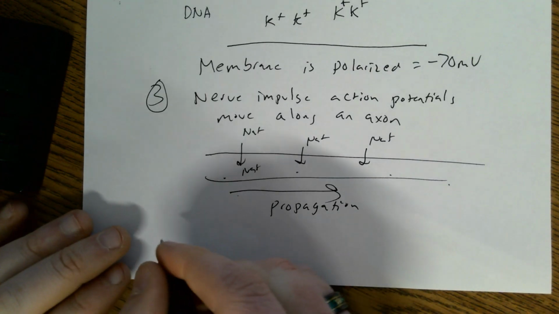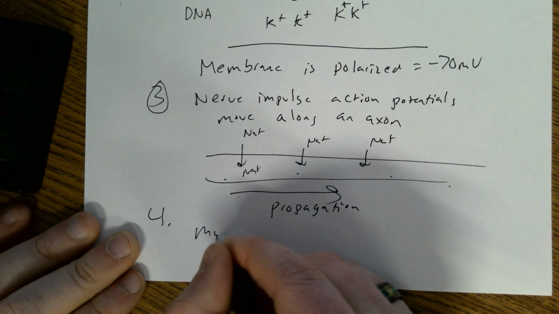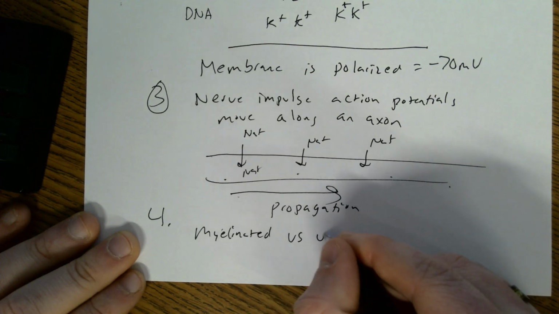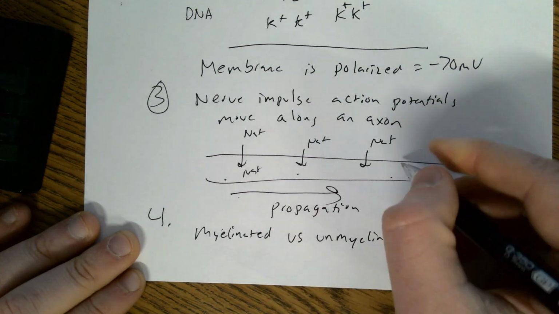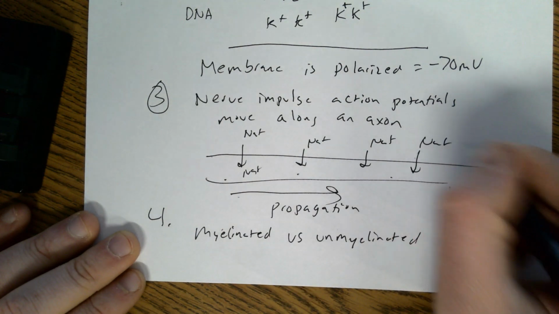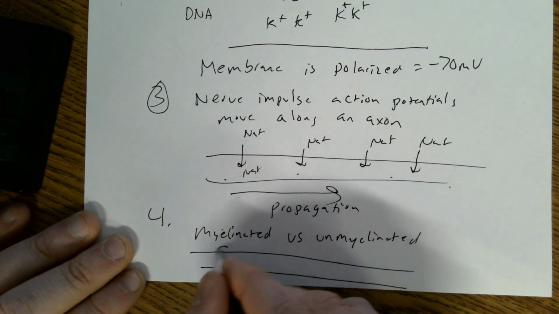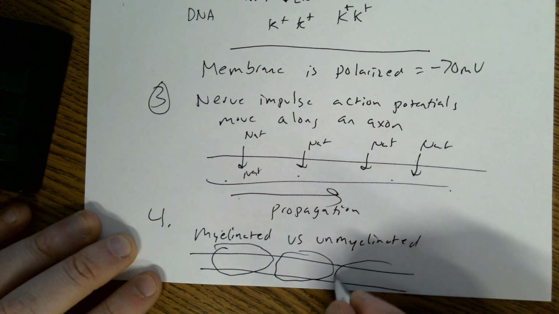There are different things that can affect the speed. The first one we'll talk about is myelinated versus non-myelinated, or unmyelinated. The one above here is unmyelinated. It just keeps happening along it. In a myelinated neuron, you have myelin covering it, and it can only happen at the nodes.